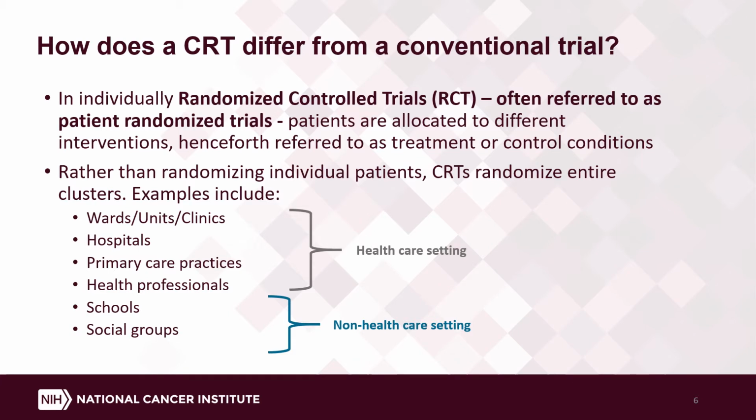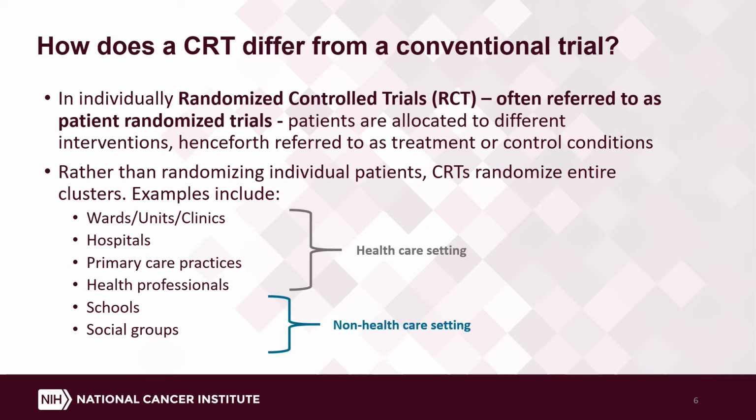So first of all, how does a cluster randomized trial differ to a conventional trial? So in an individually randomized trial, we might refer to these as a patient randomized trial. Patients are allocated to different interventions, and we refer to these as treatment or control conditions. But rather than randomize individual patients, cluster randomized trials randomize entire clusters.